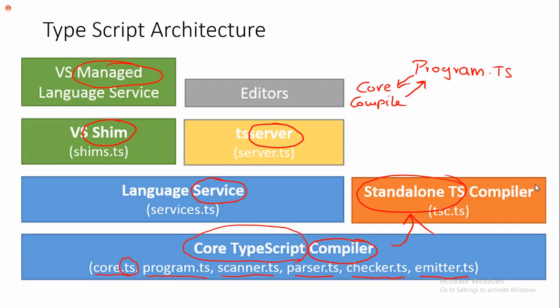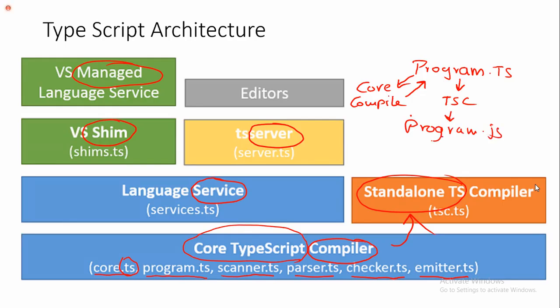But this TypeScript program is not understandable to the browser. Then TypeScript uses another compiler, the standalone compiler, TSC, the TypeScript standalone compiler. It will take the successfully compiled TypeScript program and convert it into program.js, JavaScript.